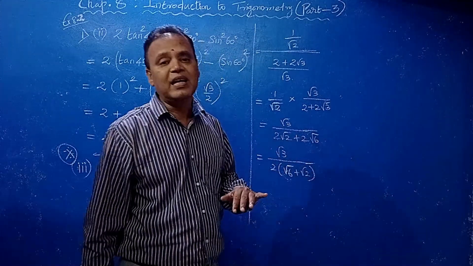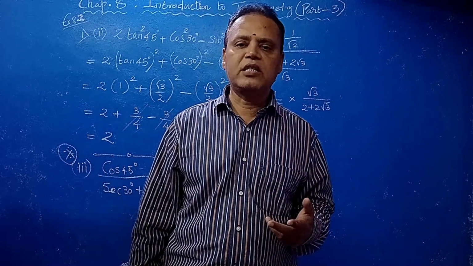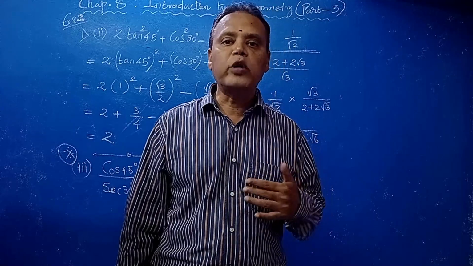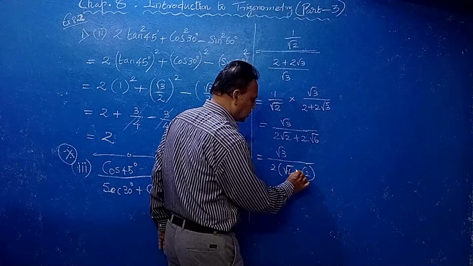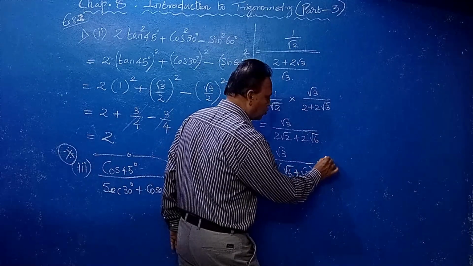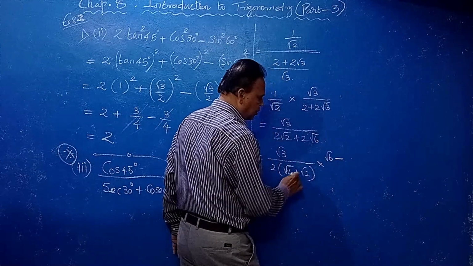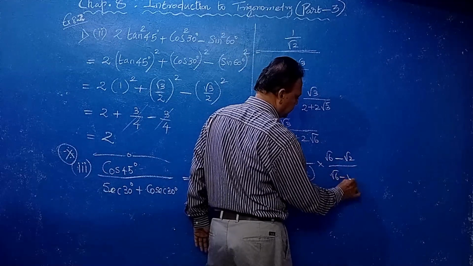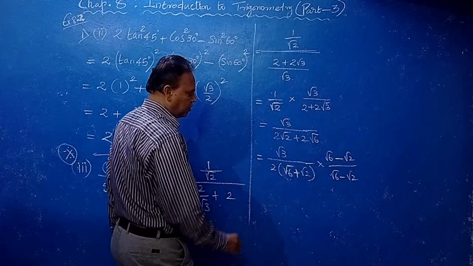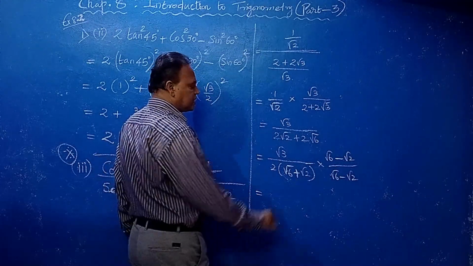You have to rationalize it. In 9th class you might have studied rationalization. Clear? So take the conjugate: root 6 minus root 2, change the sign, multiplied by the same thing. Now we can easily simplify this.